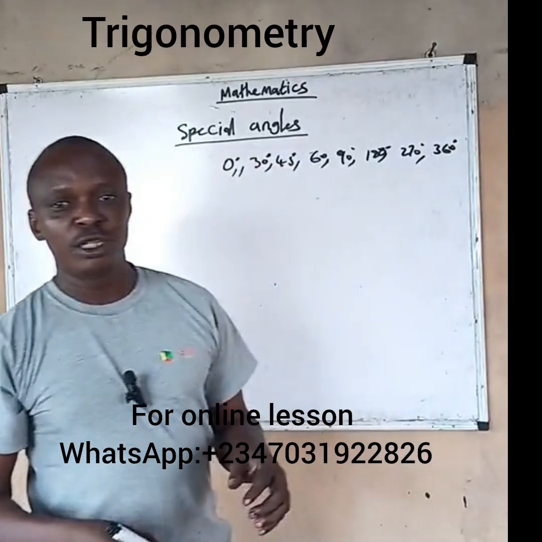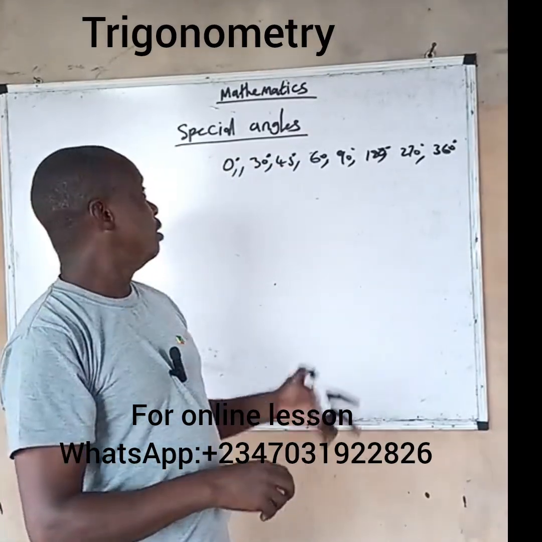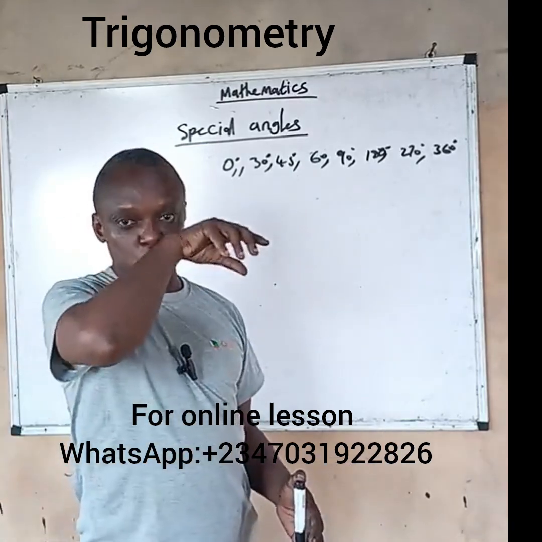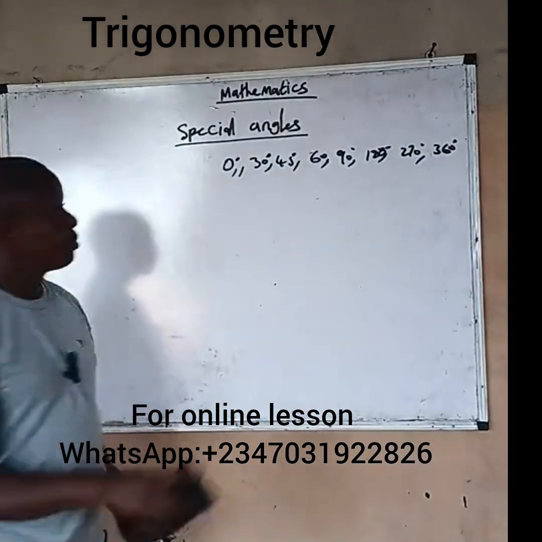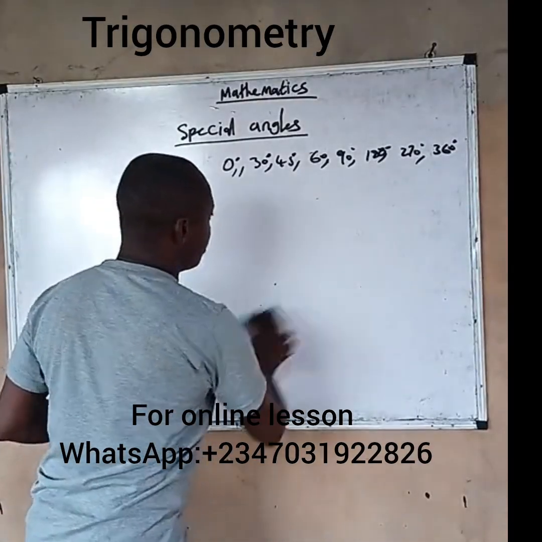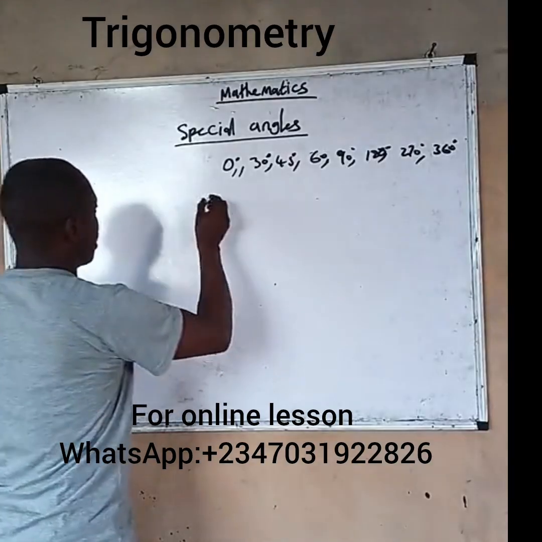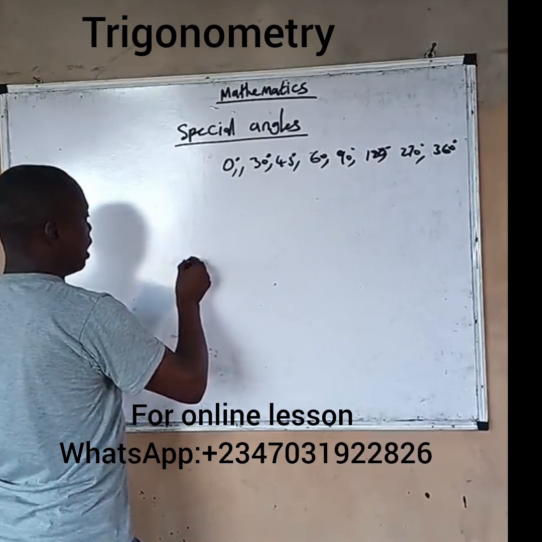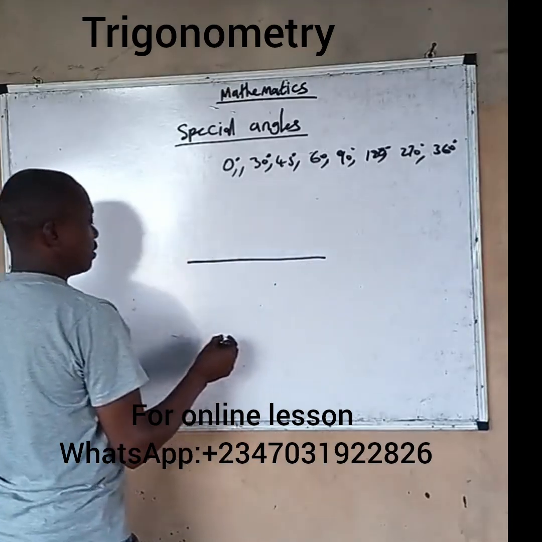Now we want to see how the trig ratios behave in terms of these special angles. So first, let us look at 0 degrees. Say I have this line here.